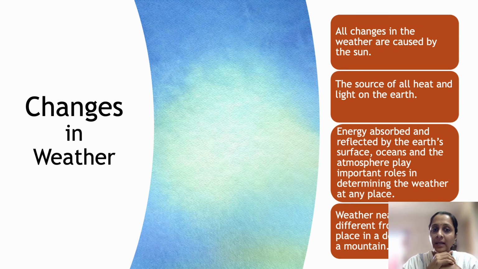Now how are the changes in weather happening? All the changes in the weather happen due to the sun, due to the tilt of the sun. So earth is a sphere, the sun is a huge ball of gases, and it is extremely hot. It is far off from earth, but still its heat reaches the earth at the places facing the sun.